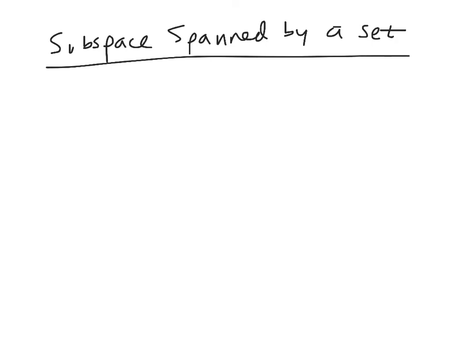If we have some vectors that are in V, then a linear combination of them means the same thing as it did before.